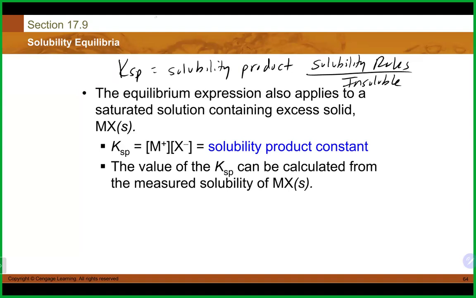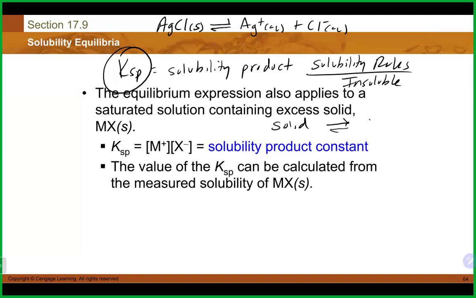So for example, if you had silver chloride, which based on solubility rules is a solid, in solution though, a little bit of it will break apart into silver ions and chloride ions. And when we write equations for KSP and things that are insoluble, that is always how we write the equation. Always on the reactant side, you have the solid, the thing that's insoluble, like silver chloride.